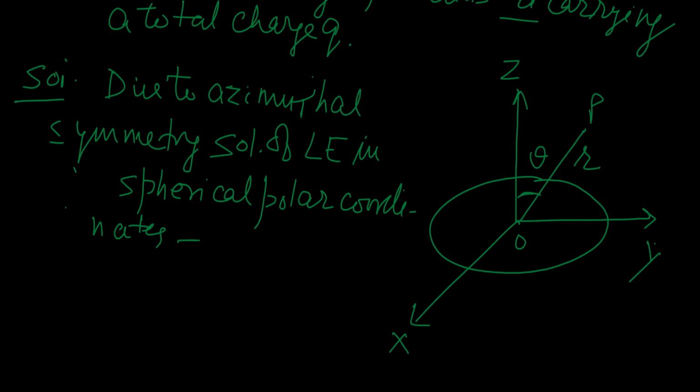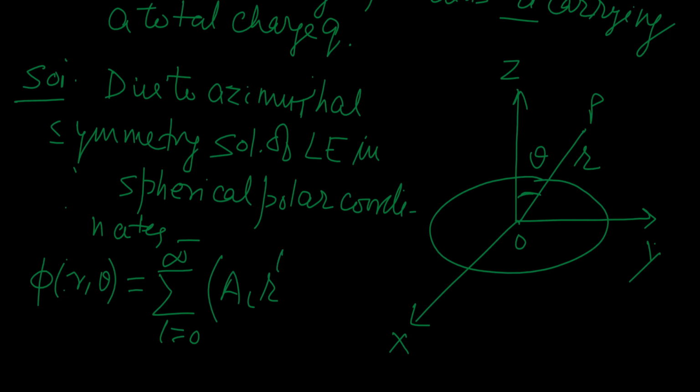At any arbitrary point P, the potential function will be given by the solution of Laplace equation as the summation over L from 0 to infinity of AL times R to the power L plus BL over R to the power L plus 1, times PL of cos theta.